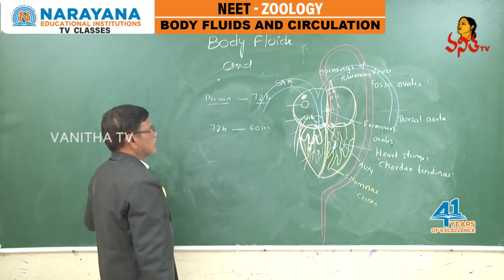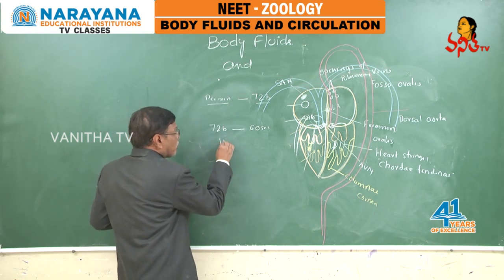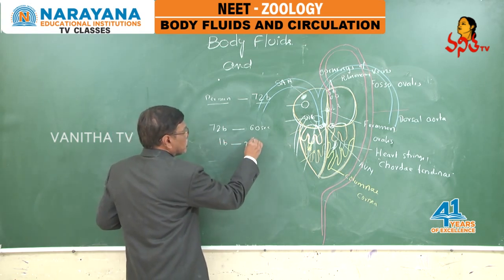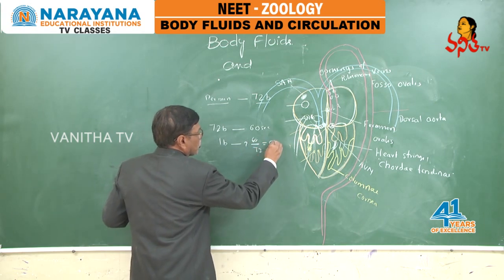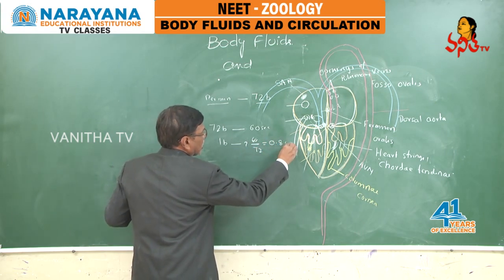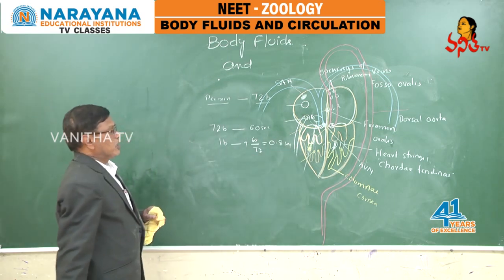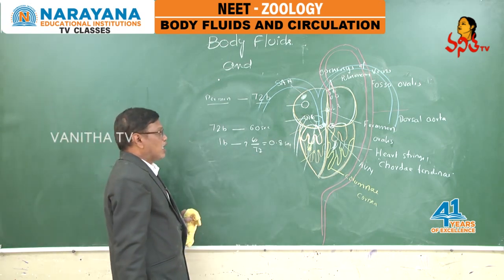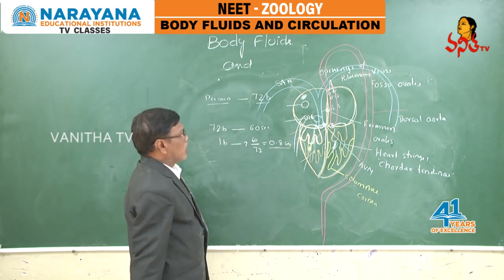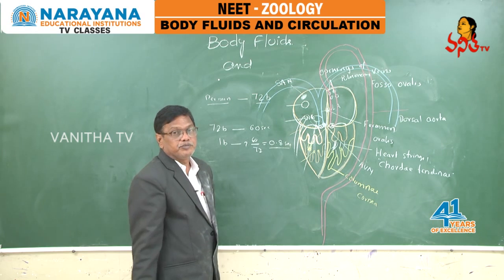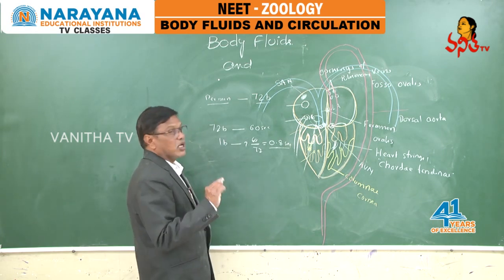For one beat, 60 by 72 comes to 0.8 seconds. So the time taken to complete one heartbeat is 0.8 seconds.